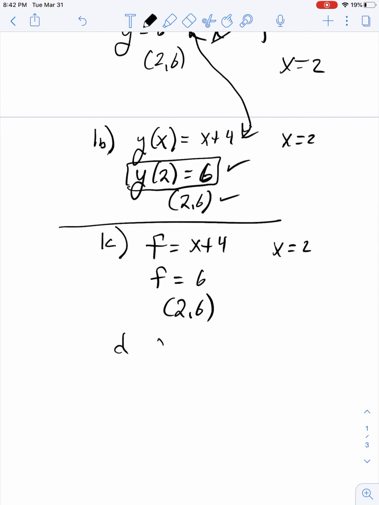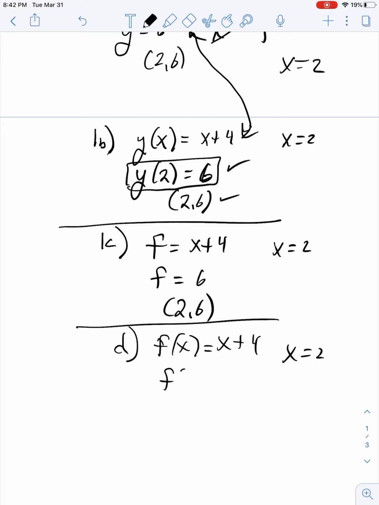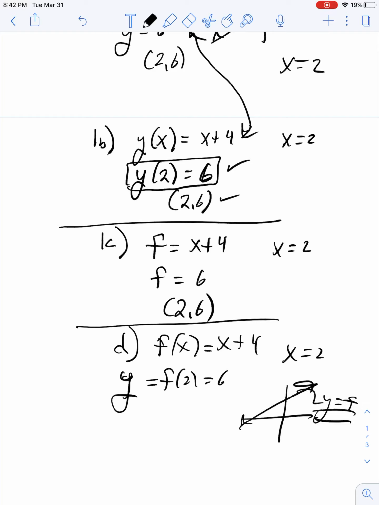And then I would do, let's say, question D here, f of x equals x plus 4 when x equals 2. Therefore f of 2 equals 6. And I say this is the same thing as your y, because that's the same thing as your graph. And I keep saying y equals f. And therefore, that made that connection.